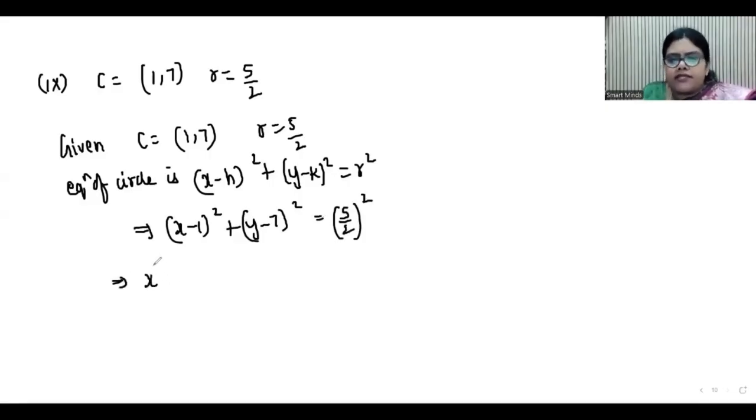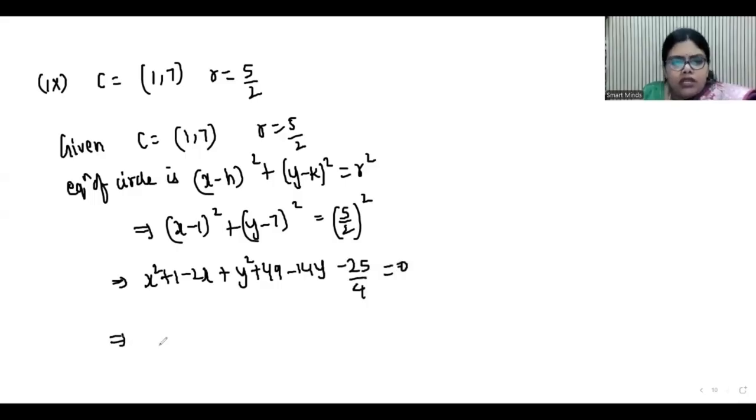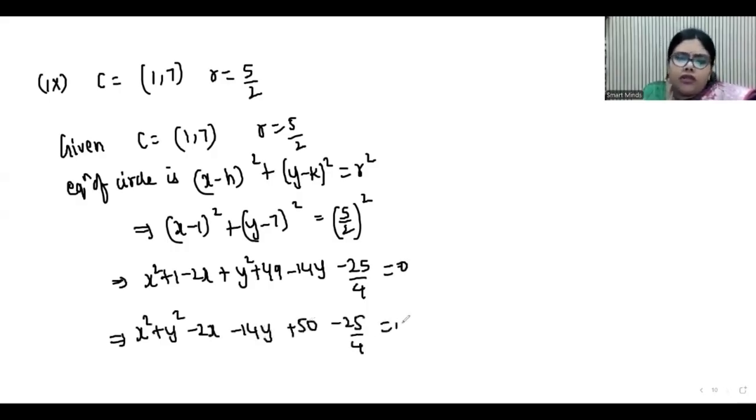Expand the brackets: x square plus 1 minus 2x plus y square plus 49 minus 14y minus 25 by 4. Now rearrange the terms: x square plus y square minus 2x minus 14y plus 50 minus 25 by 4 is 0.